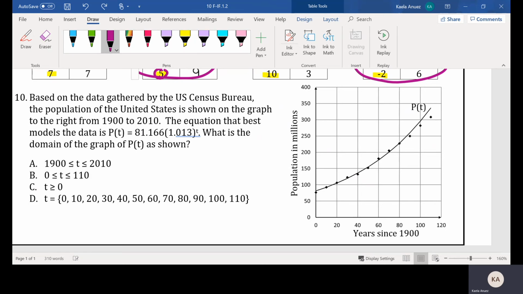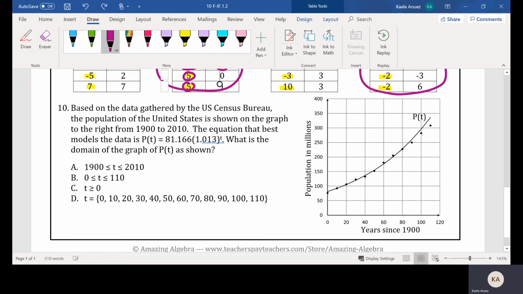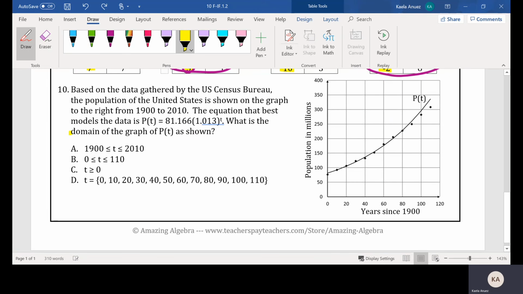So we know that our domain deals with our x values.